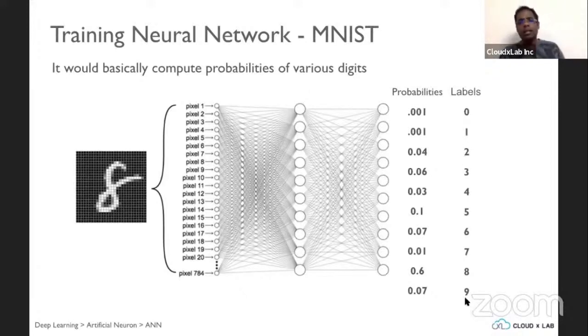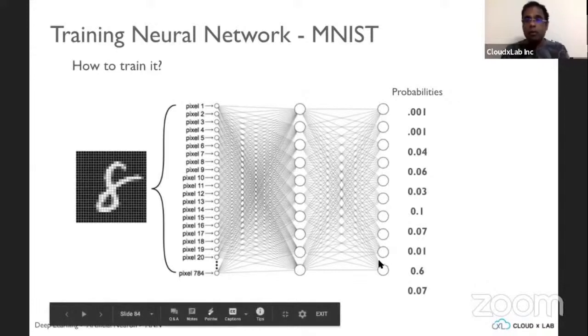At the end, you would want the probability of 8, in this case the correct number, to be the highest. If you have trained your neural network correctly, it would tell you that the output corresponding to the number 8 has the highest probability, and therefore that is the correct answer. That is what you would want eventually.